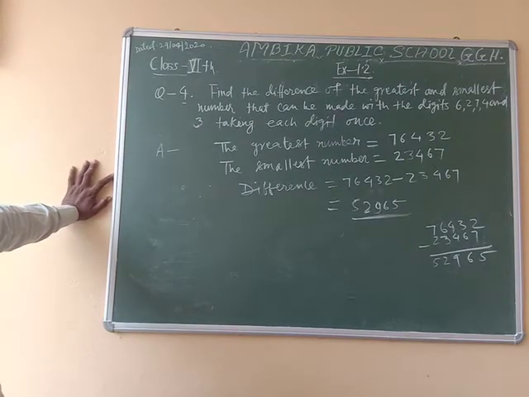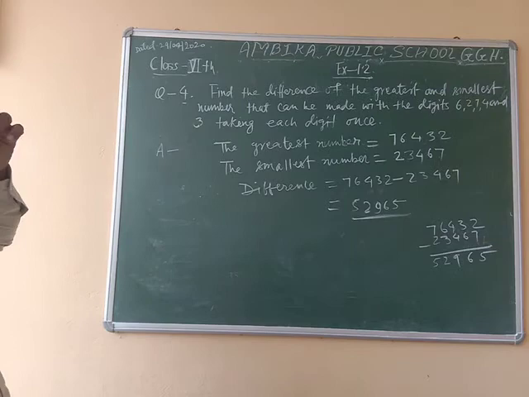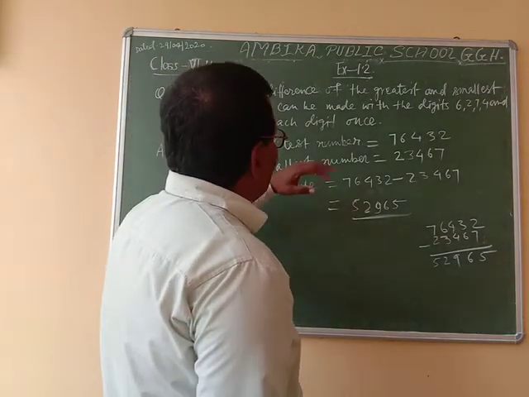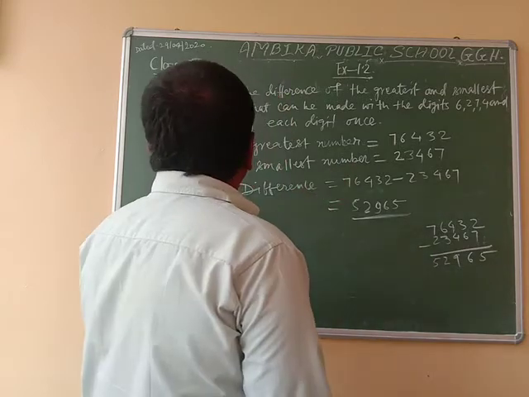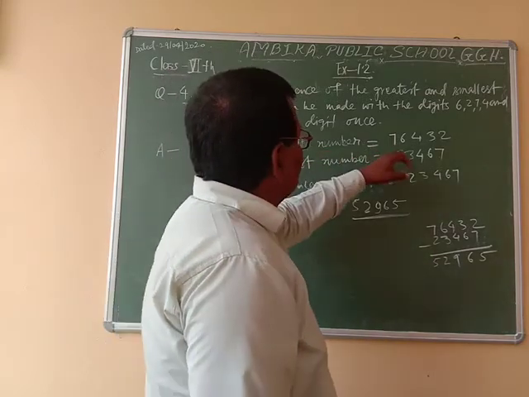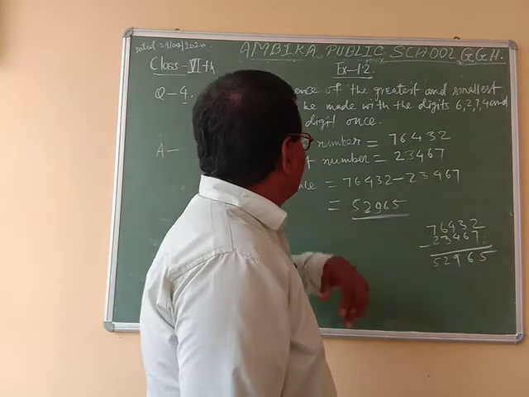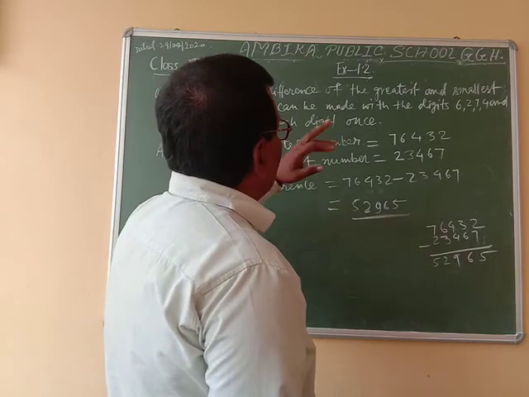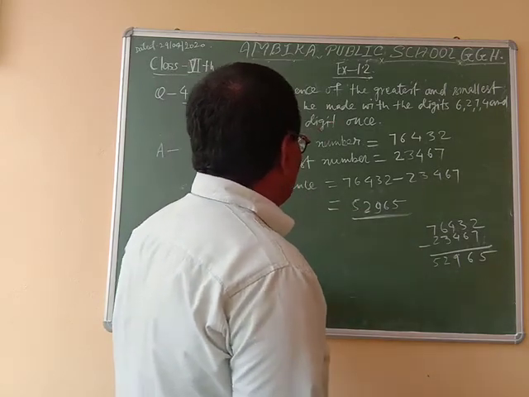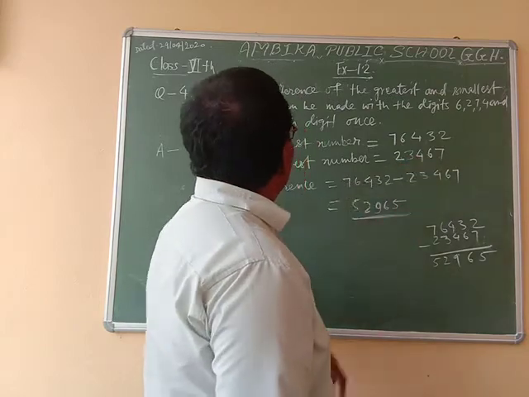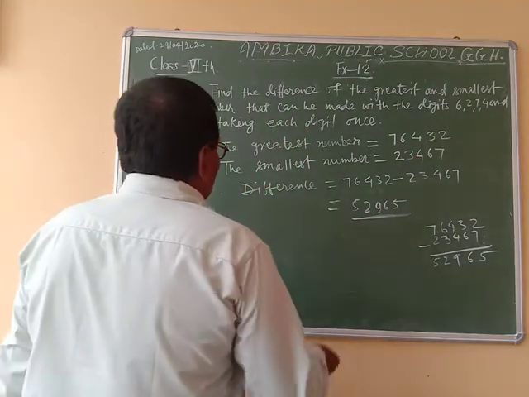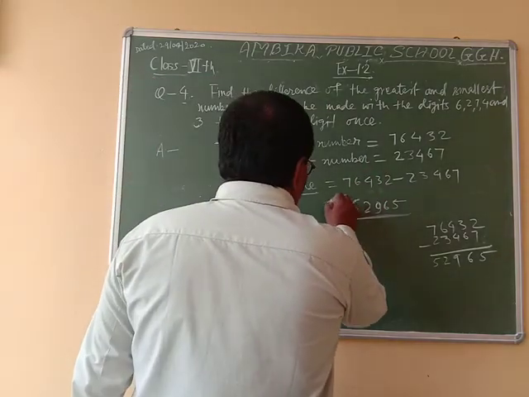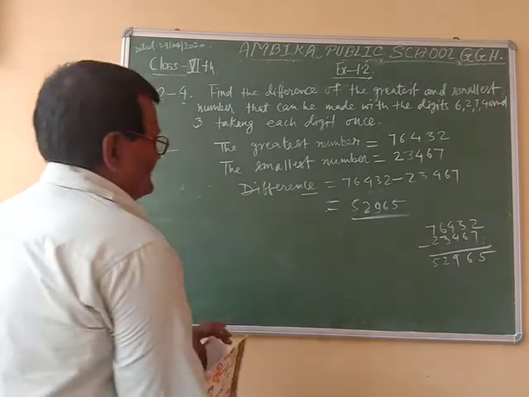At first you make the greatest number from 6, 2, 7, 4 and 3, so this number is 76,432, and the smallest number from the given digits is 23,467. Now the difference between these numbers is 52,965.